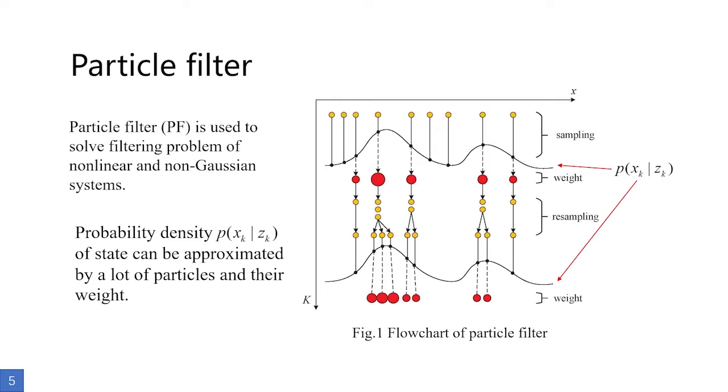As shown in Figure 1, particles are sampled from the solution domain of the objective function. The probability density of the state can be approximated by a set of particles and their weights. Therefore, the state of the system at moment k can be estimated.